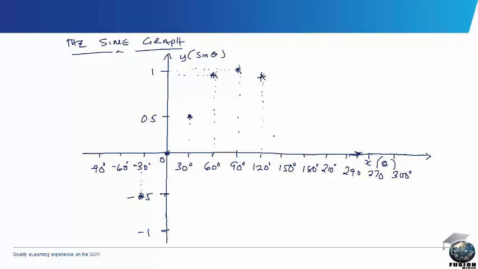At 150, it is equal to 0.5. Okay, that's the 0.5 at this point. This is at 150. And then at 180 is equal to 0. That's the 180 mark there.